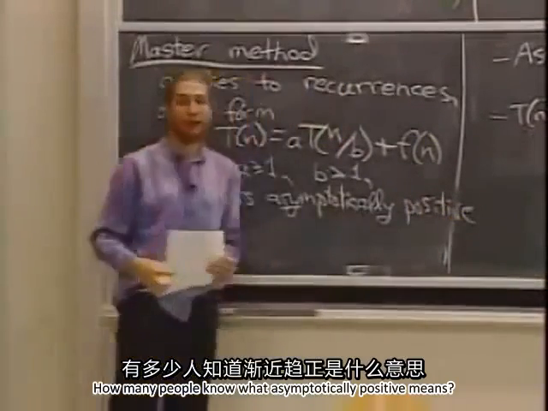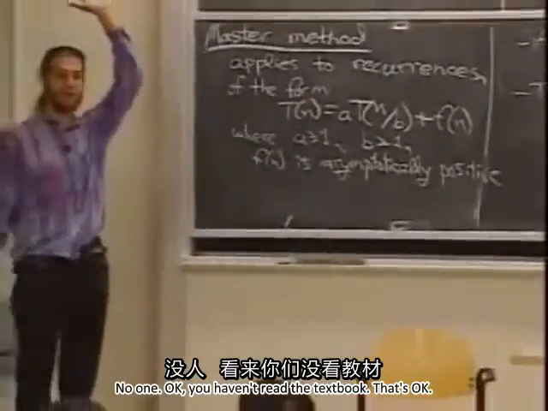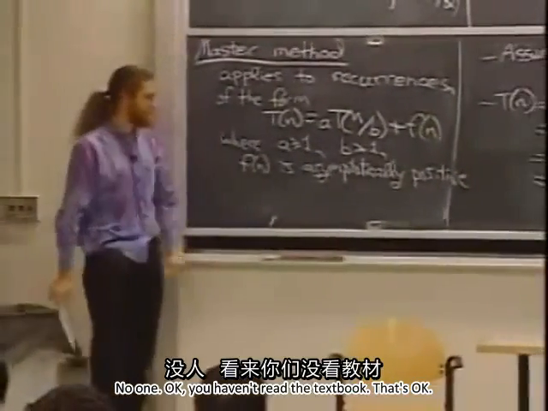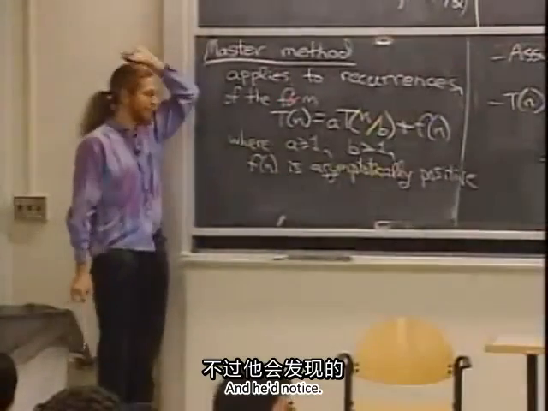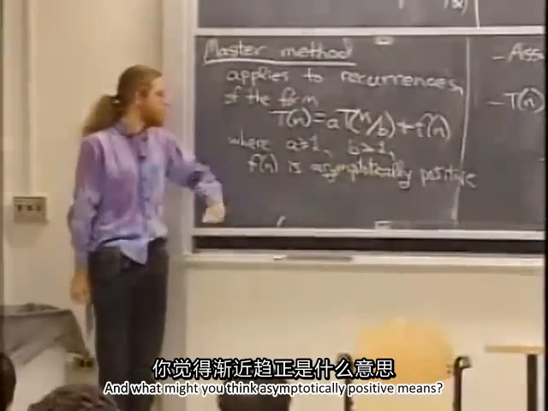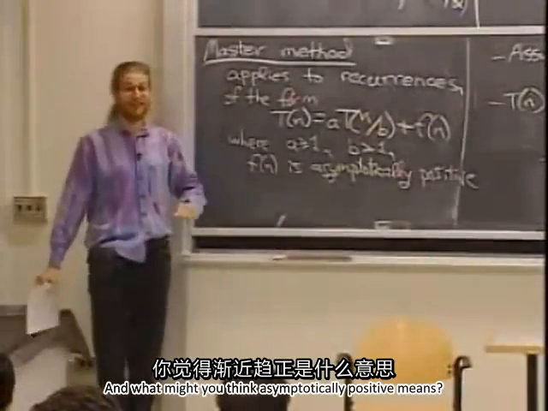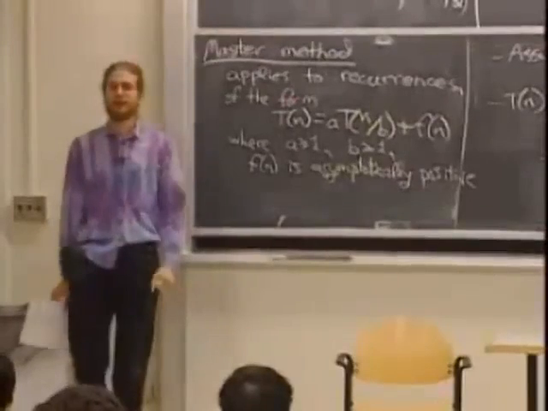So how many people know what asymptotically positive means? No one. Okay, you haven't read the textbook. That's okay. I haven't read it either, although don't tell Charles. And what might you think asymptotically positive means?